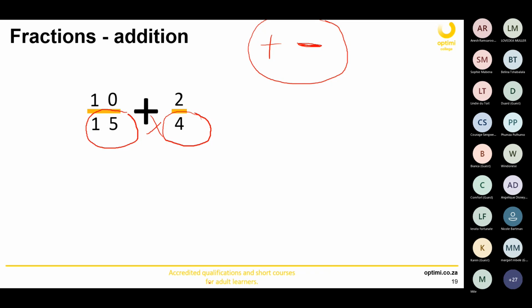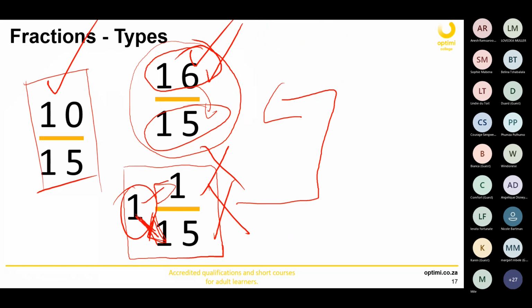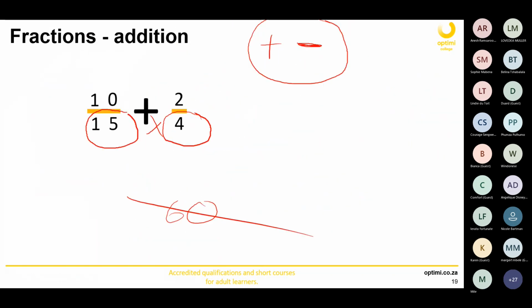15 times 4 is 60. Now I made a mistake here. It's 60, 15 times 4. And 4 times 15 is also 60.